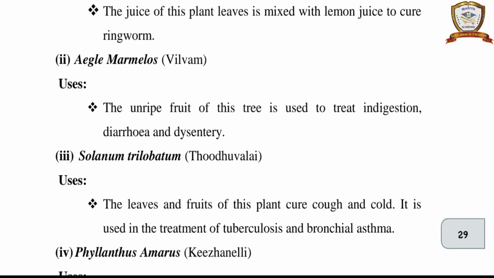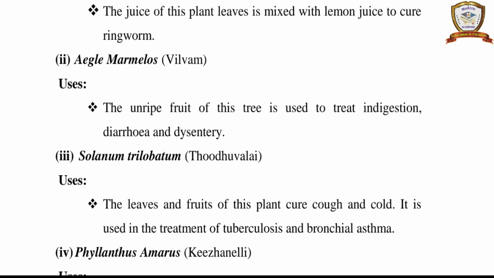Second one, Aegle marmelos, Vilvam. Here also, the M should be in small letter, just to correct it. As per the ICBN rule, the species name must start with a small letter only.